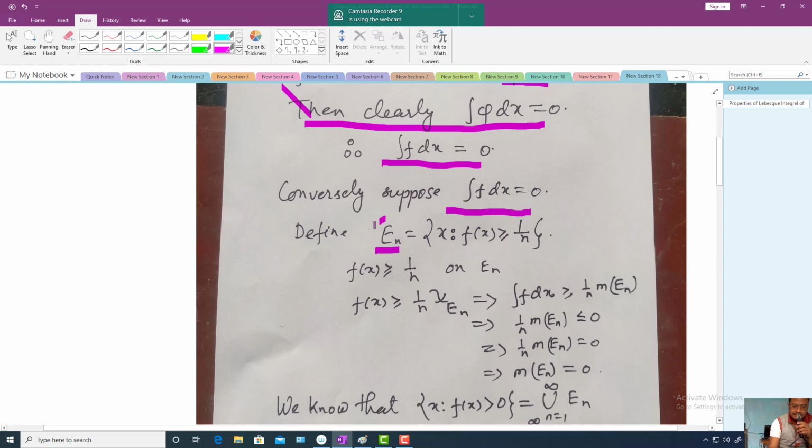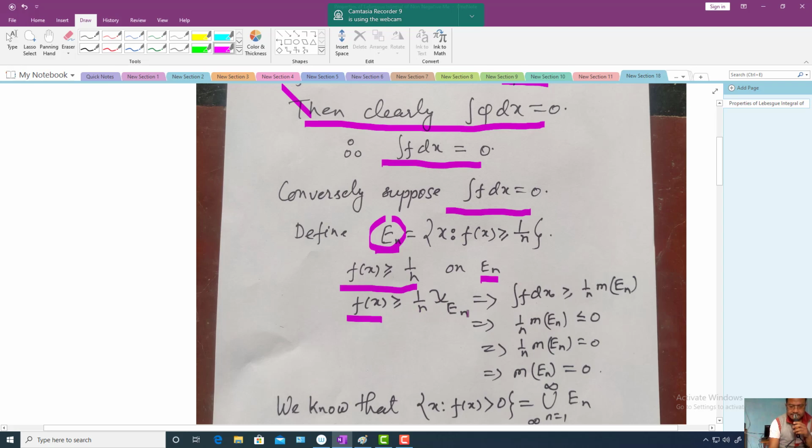What is capital E_n? It is the set of points where f(x) is greater than or equal to 1/n. So from this definition of E_n, f(x) is greater than or equal to 1/n on the set E_n. That means f(x) is greater than or equal to (1/n) chi_{E_n}, the characteristic function of E_n.